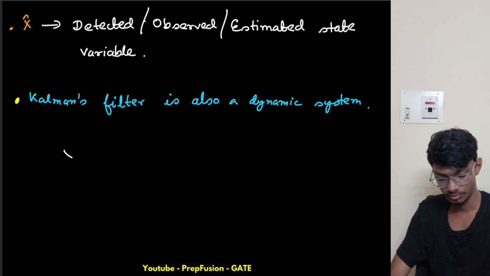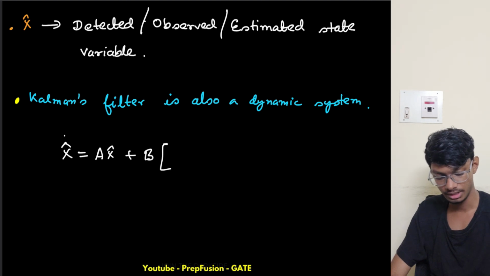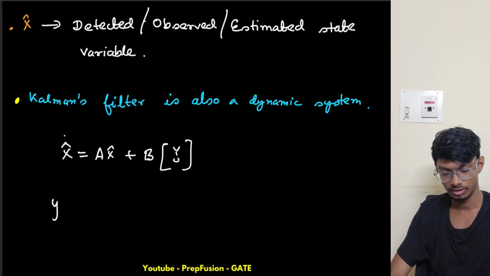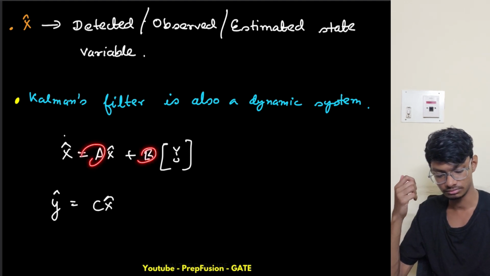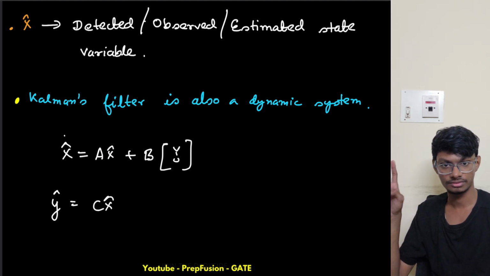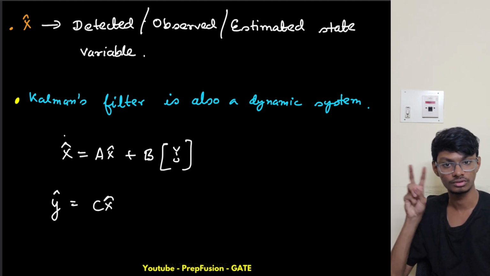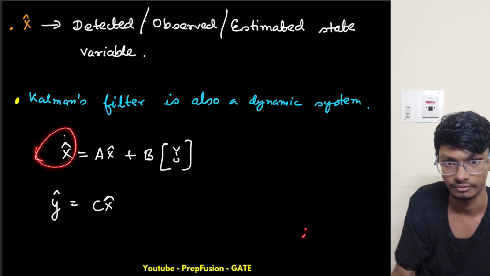So my estimated state variable x cap dot is equal to A x cap plus B u, and now I have two inputs, u and y, and my output is y cap equals C x cap. Now you might say, sir, you have written the same matrices, are those the same? Yes, A, B, C of the actual system and this Kalman's filter will have to be the same for the proof to happen and for us to measure the state variable.